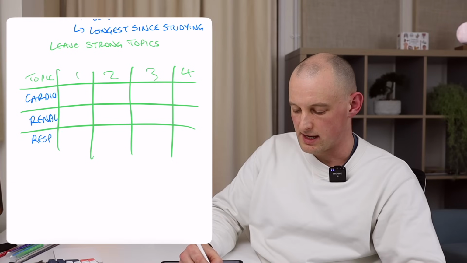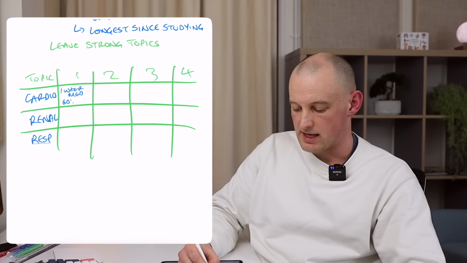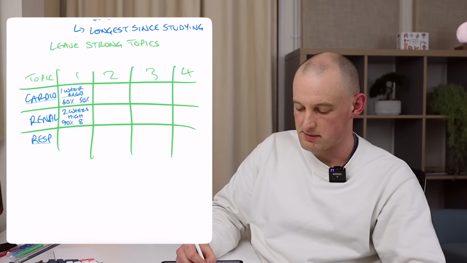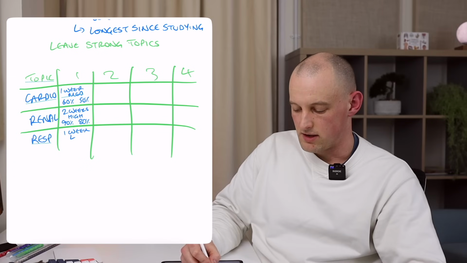And this one is 1 week ago, medium, 60% and 50%. This one is 2 weeks ago, high confidence, 90% and 80%. And this one is 1 week ago, low confidence, and 30% and 20%.